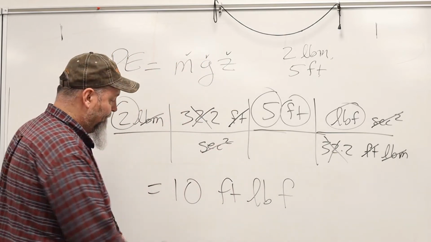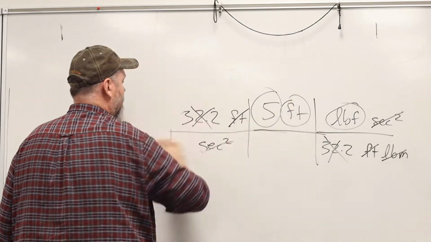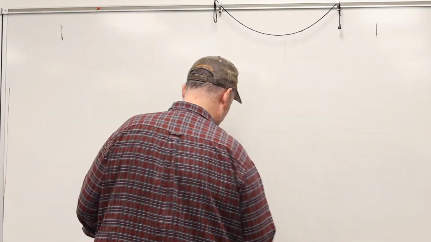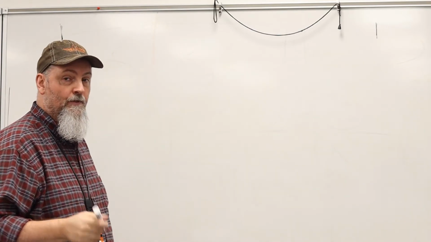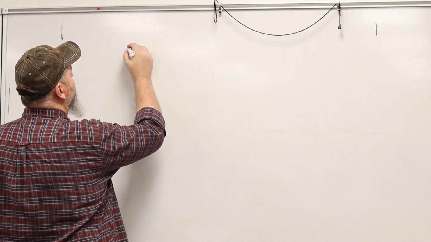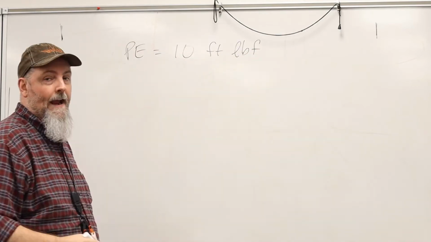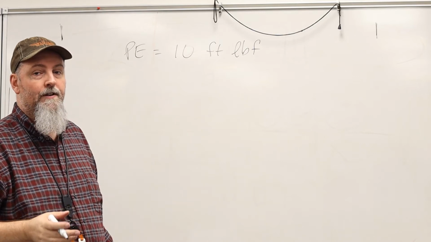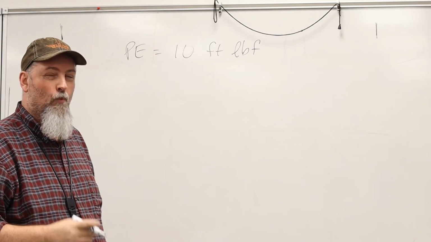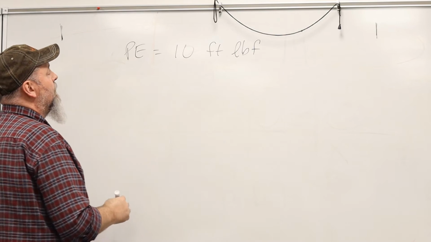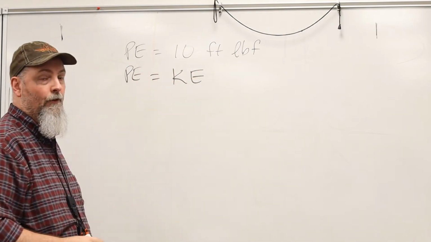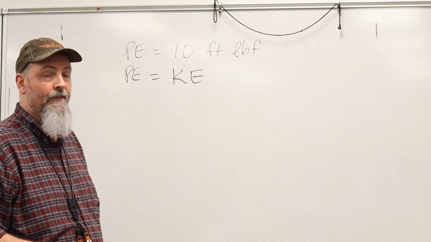Well, let's see. So we said the potential energy was 10 foot-pounds force. And we know that all of that potential energy is going to get converted to kinetic energy right before it hits the ground. So the potential energy equals the kinetic energy.